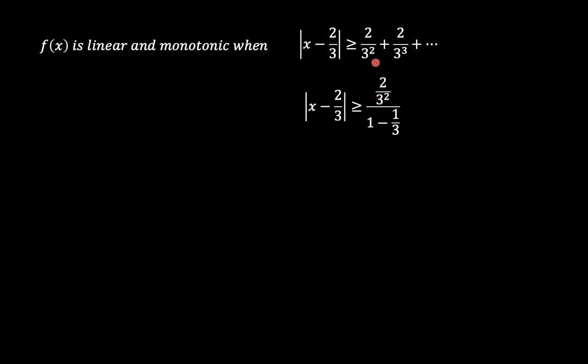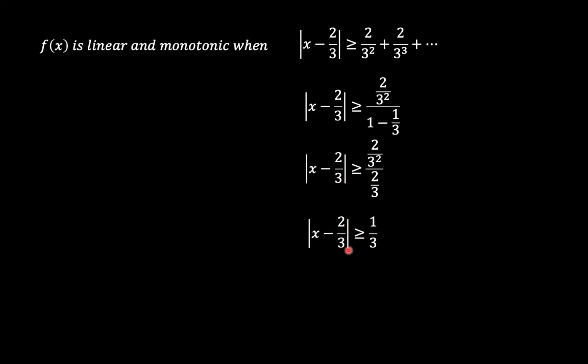This is a geometric progression. We have the initial value, 2/3 squared, divided by 1 minus the common ratio, which is 1/3. And thus |x - 2/3| is greater than 2/3 squared over 2/3. So the 2's cancel, and 1/3 cancels with the second 3 in the numerator. So we're left with |x - 2/3| greater than a third.